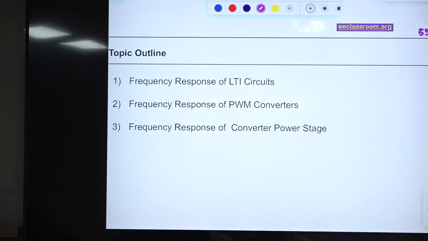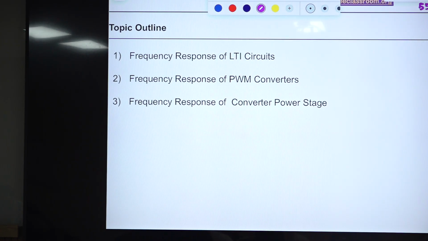So it consists of 3 subtopics. So first one is frequency response of linear time invariant system. This might be the review for the most of you. So we review the basic things about the frequency response of linear time invariant system.